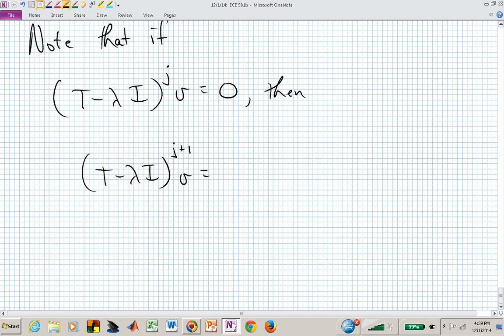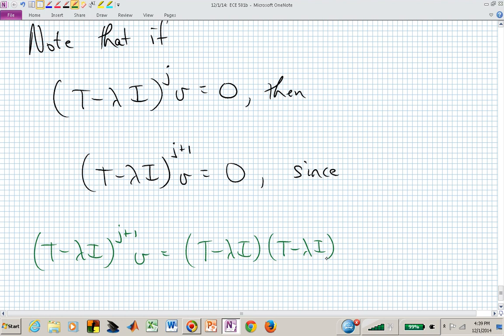Because we now are just hitting the 0 vector with T minus lambda I. So this is also 0, since T minus lambda I to the j plus 1 v is equal to T minus lambda I times T minus lambda I to the j v, and this we were given was equal to 0, and now we just hit that on the left or operate on a 0 vector with some operator, and that's going to give us the 0 vector.